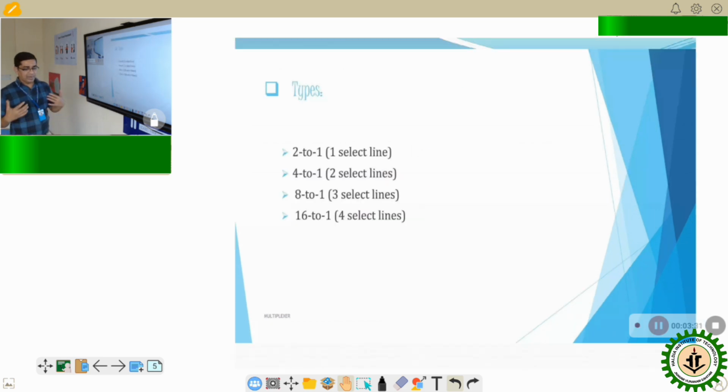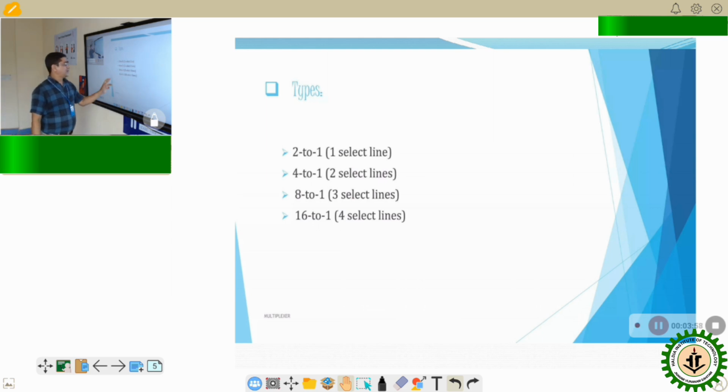So what are the types of multiplexer? There are four types. The 2:1 multiplexer has only one select input, two data inputs and only one output. The 4:1 multiplexer has 4 data inputs, 2 select inputs and only one output.